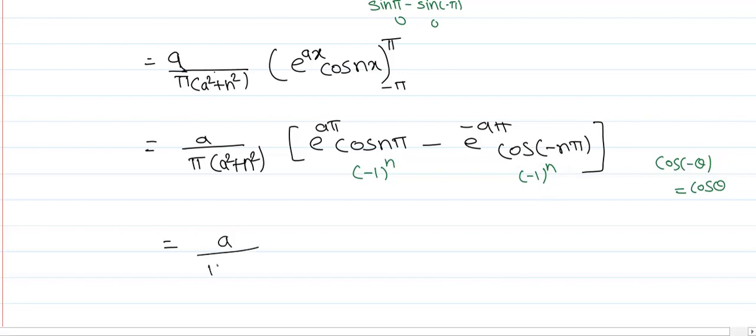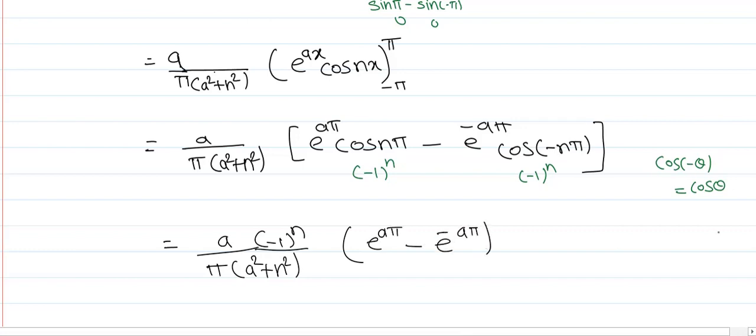A by pi of a square plus n square, minus 1 raised to n common from numerator, we will remain with e raised to a pi minus e raised to minus a pi.